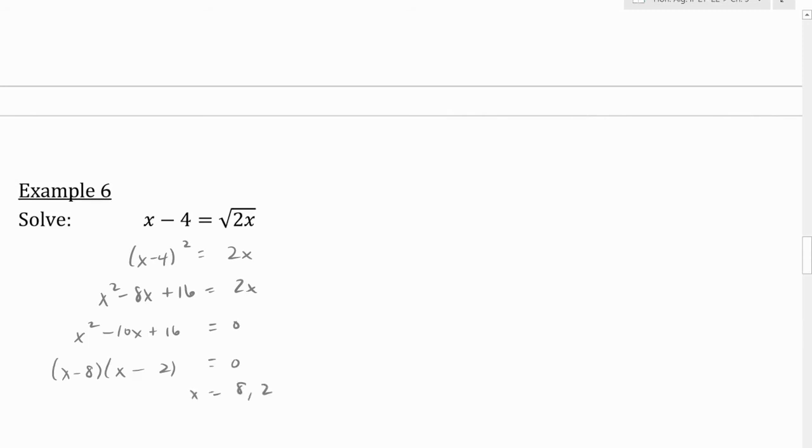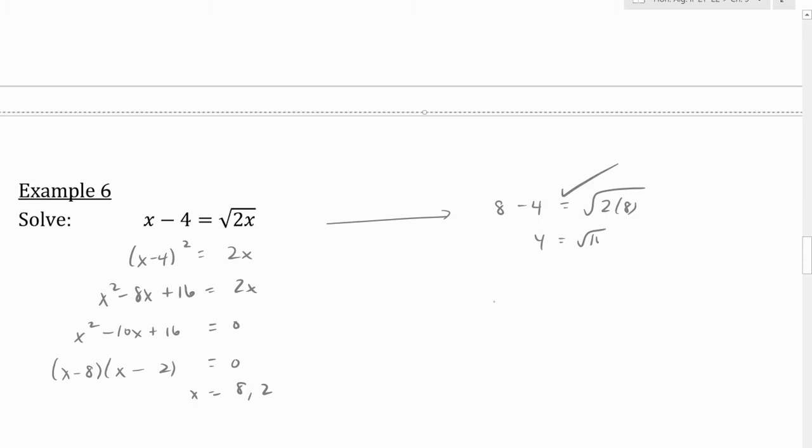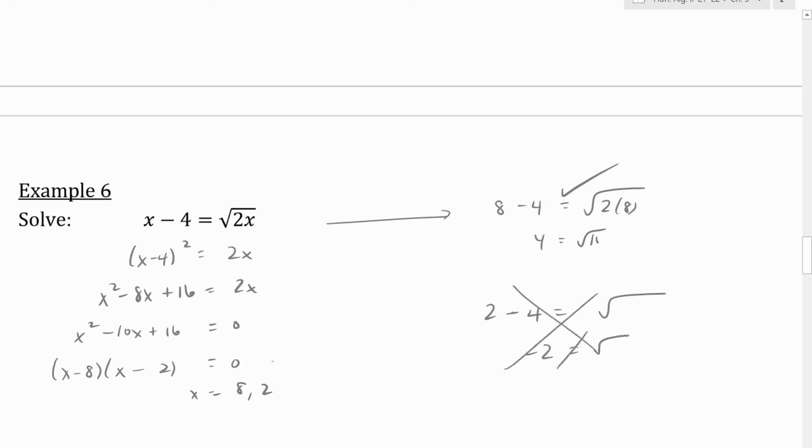X could possibly be 8 or 2. Let's check it. If we put an 8 in, that's true. If you put a 2 in, all right, I can save myself some time. A principal square root cannot equal -2. So x is going to be 8.